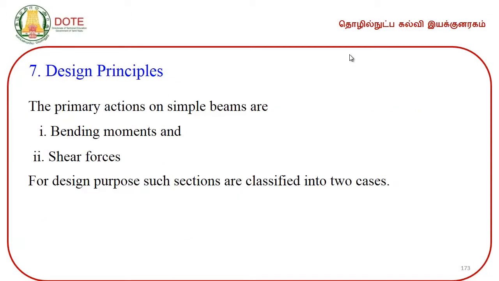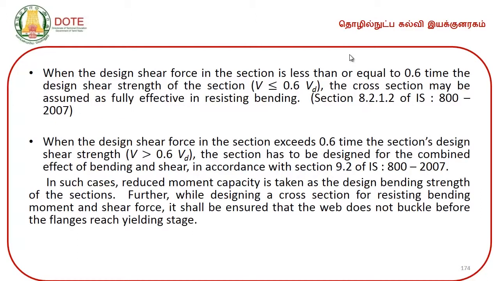The basic design principles involved in the designing of steel beams are these. The primary actions on the steel beams are bending moments and shear forces. For design purposes, when the design shear force of the section is less than or equal to 0.6 times the design shear strength of the section, the entire cross section may be assumed as fully effective in resisting the bending.